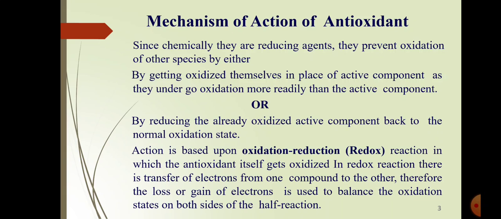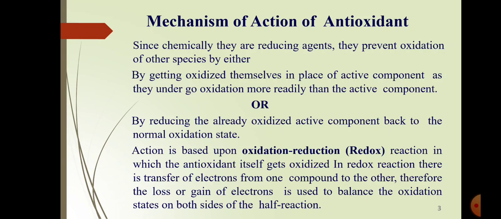Action is based upon oxidation reduction, that is redox reaction, in which the antioxidant itself gets oxidized. In redox reaction, there is transfer of electrons from one compound to the other.